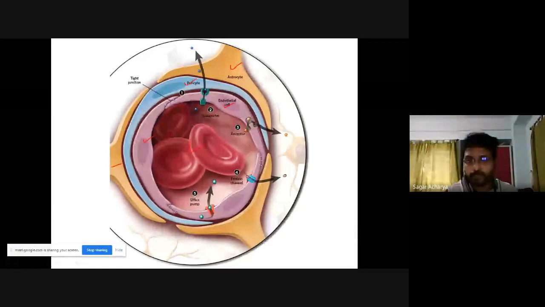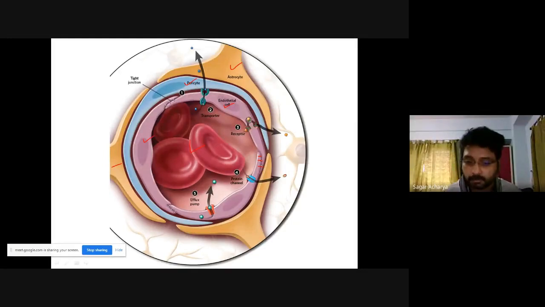Here you find that every endothelial cell is interlinked with each other with tight junctions. When we consider transport, there are three types of transport in the brain, in endothelial cells and tissue.